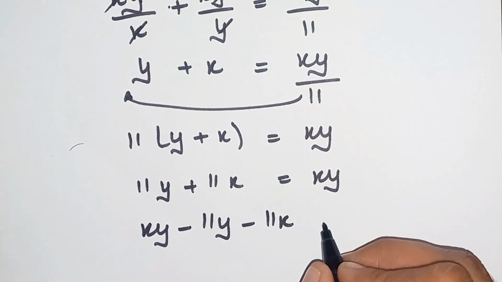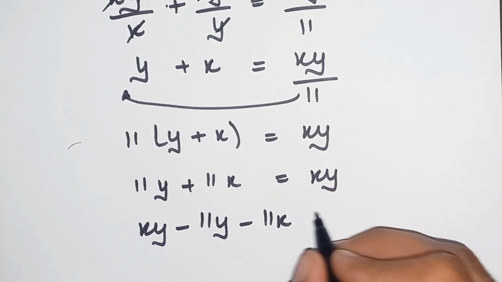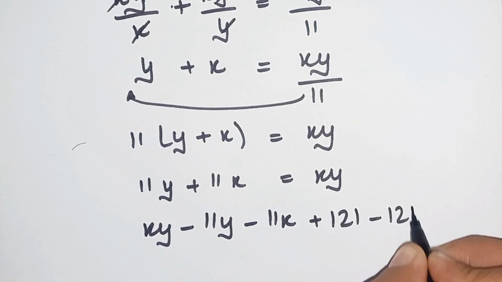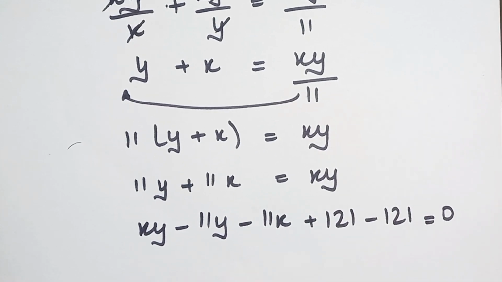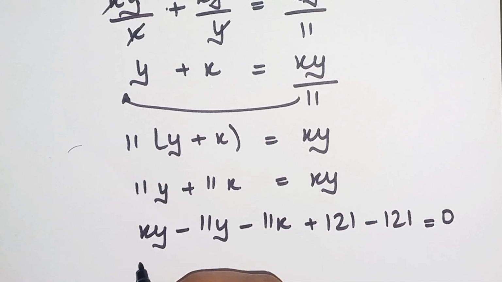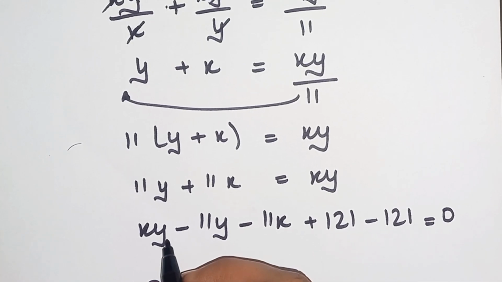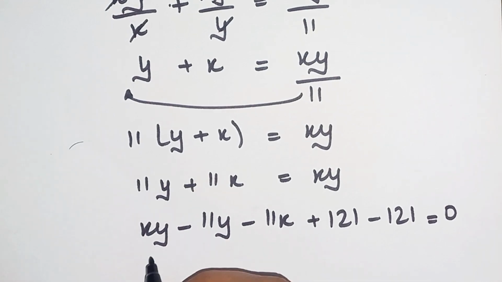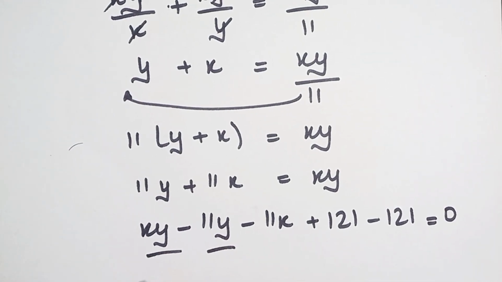So if we add and subtract 121, plus 121 minus 121, the result will be no change. So if we see y here, take y common here and here.